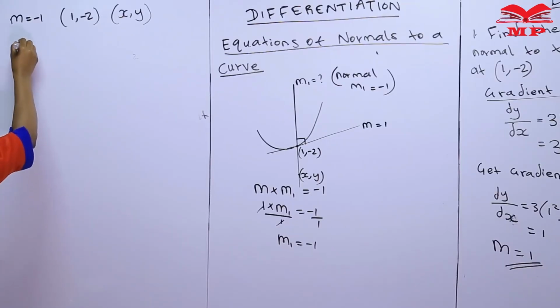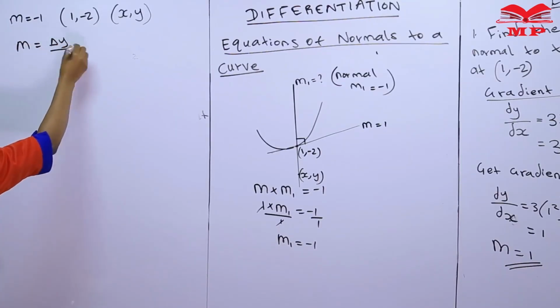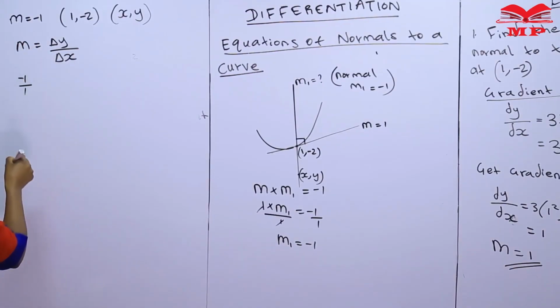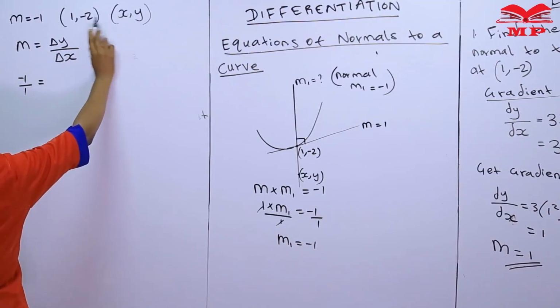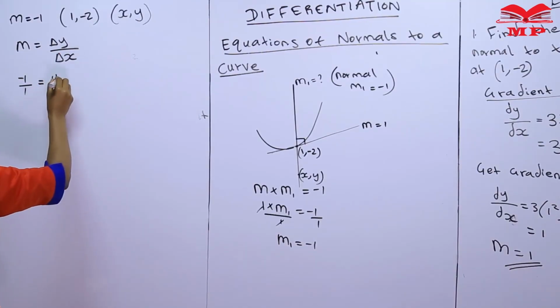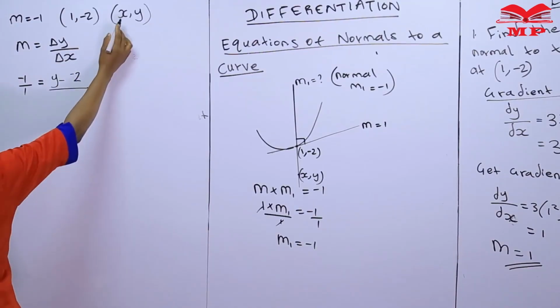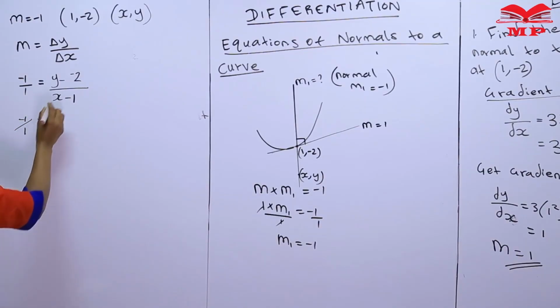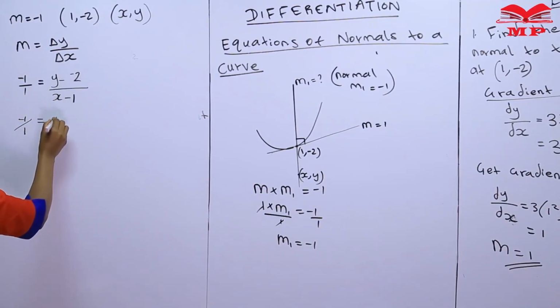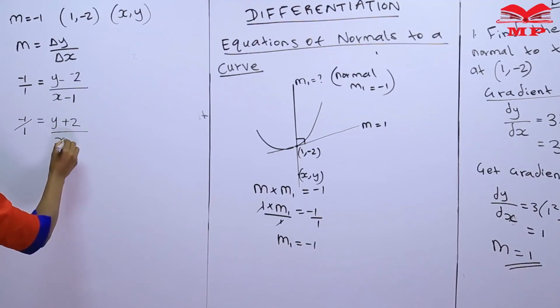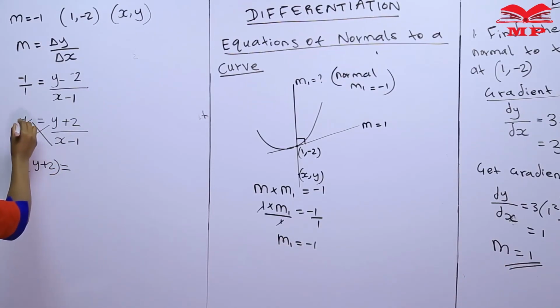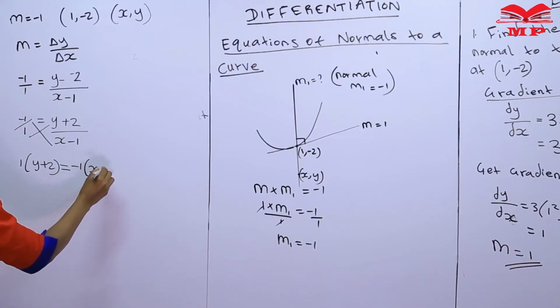Our gradient is given by change in y all over change in x. Our gradient is -1 over 1. Change in y we have y minus -2, all over x minus 1. So this is -1 over 1, which is equal to negative times negative, positive, so y plus 2 all over x minus 1. We cross multiply: 1 into bracket y plus 2 is equal to -1 multiplied by x minus 1.